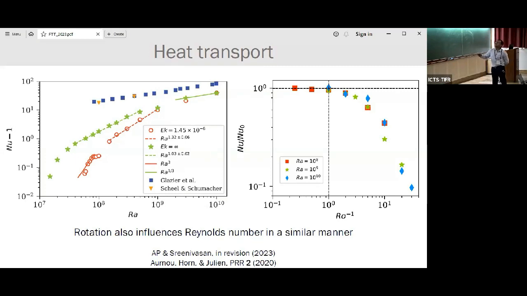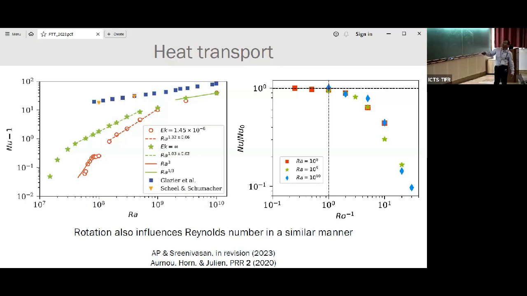So this is heat transport in wider convection cells, gamma half or gamma 1, with data from Glazier and Scheel and Schumacher. If you look at the data in the slender cell, we have an anomalous exponent in the Rayleigh number.